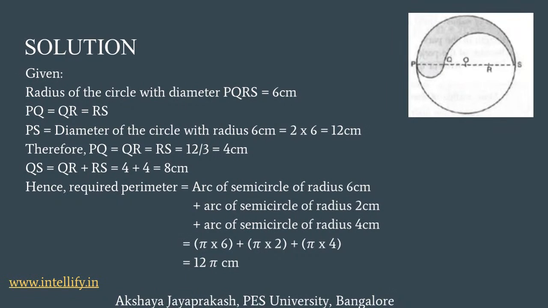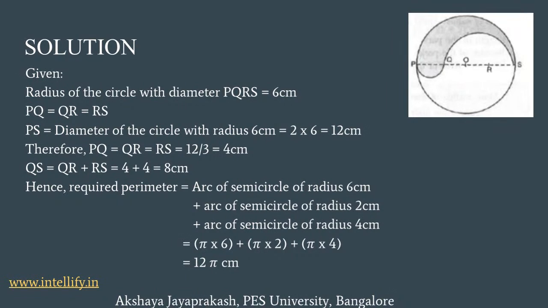So the required perimeter is nothing but the arc of the semicircle of radius 6 cm, that's the outermost circle, plus arc of a semicircle of radius 2 cm, that's nothing but this semicircle with its diameter being PQ, plus the arc of semicircle of radius 4 cm, that's the semicircle with its diameter being QS.